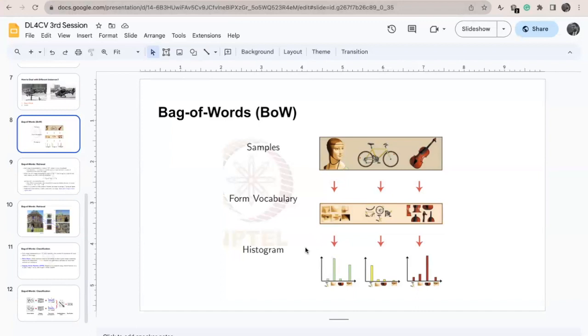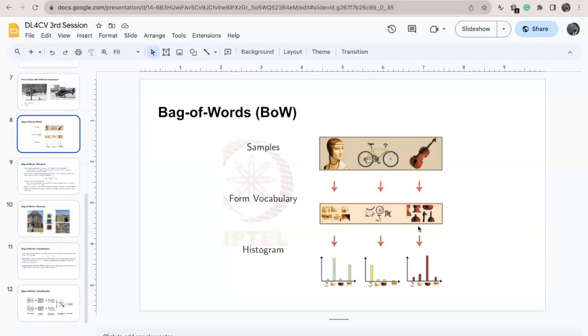Okay, so what we did is that we broke down the images into smaller chunks like this. If you can see, there is a nose, an eye, a mouth, and from the cycle we have seats and wheel, and from the violin and all these things.